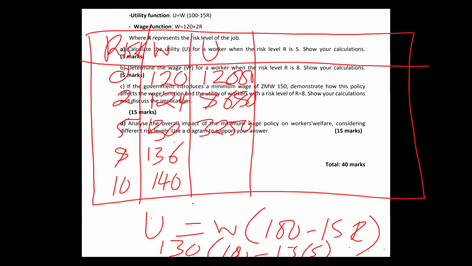You're following, right? But what happens when you put it at 8? You have seen, it's just substituting into the same function, colleagues. W is 136, right? 136 times 100 minus 15 times, what's our R? 8.